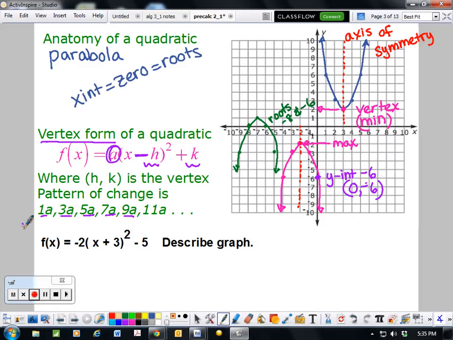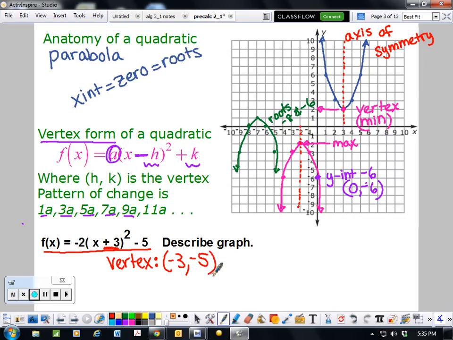So a sample problem that you'll see in your assignment, we have a function and we want to describe the graph. So the first thing I would talk about is we have a vertex that is -3, because I'm changing that sign, and -5.